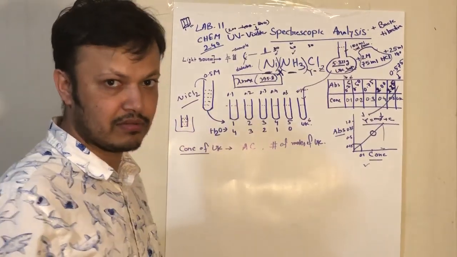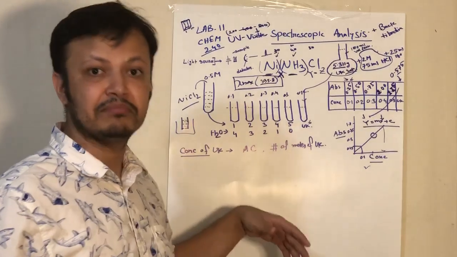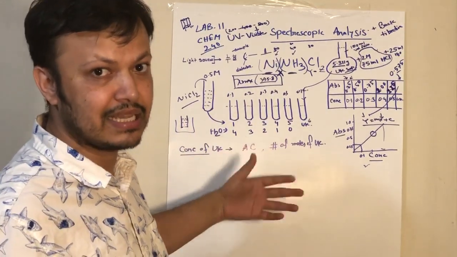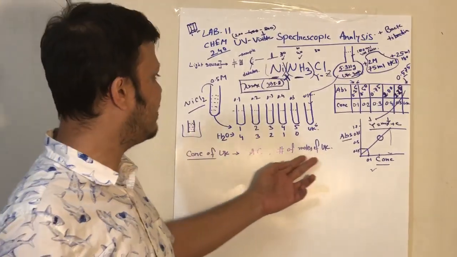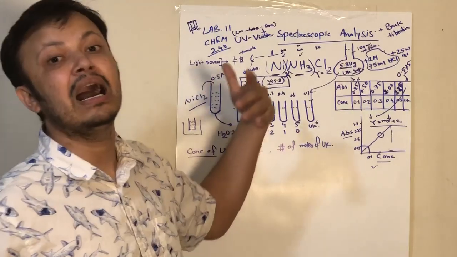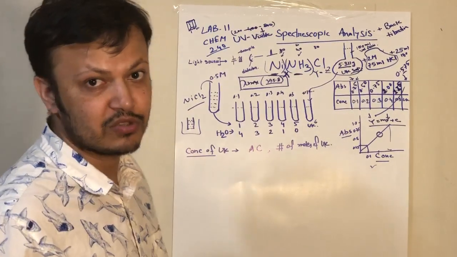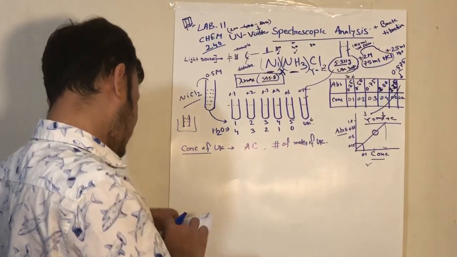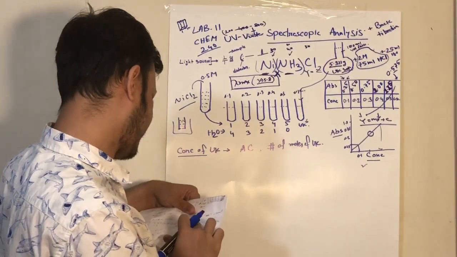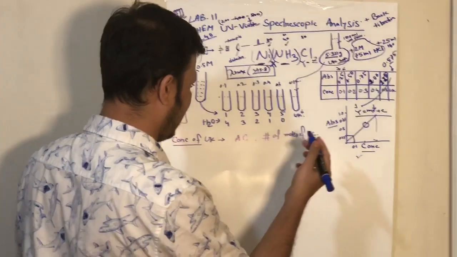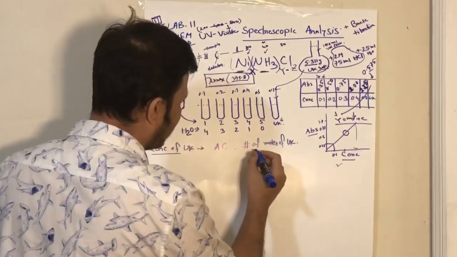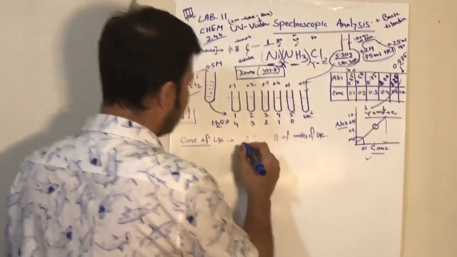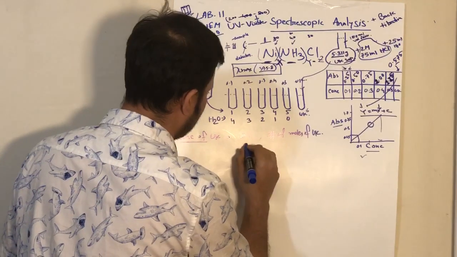You can find out. The concentration is per 1000 ml, and the number of moles of unknown is in the 100 ml. Number of moles in the unknown is the concentration multiplied by the volume in liters.